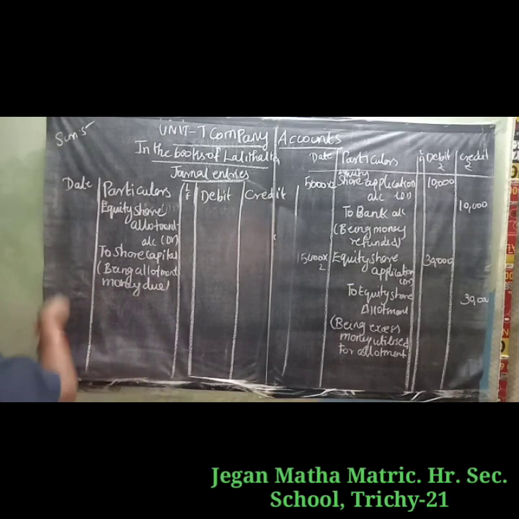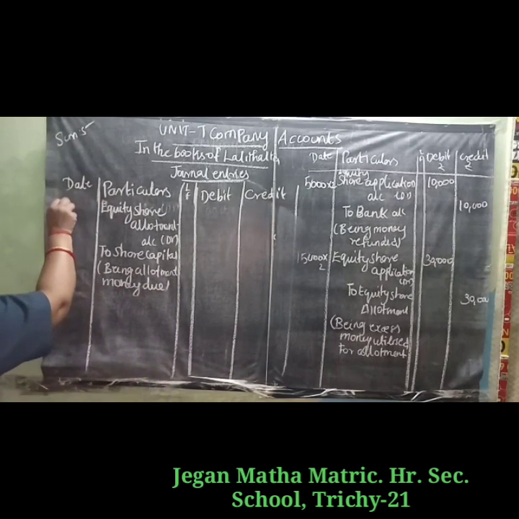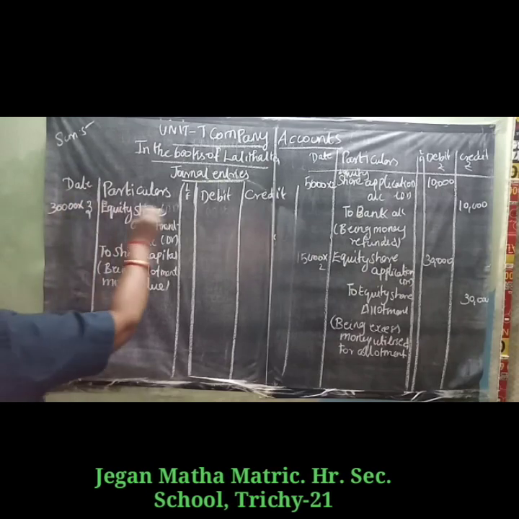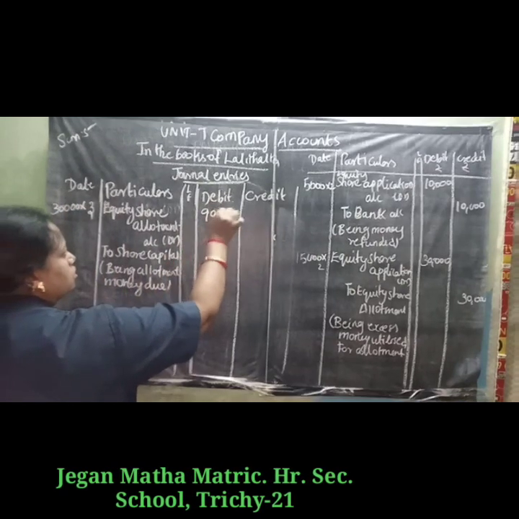Okay, so what is the amount? 30,000 shares into allotment 3 rupees, 30,000 into 3 rupees, 90,000.